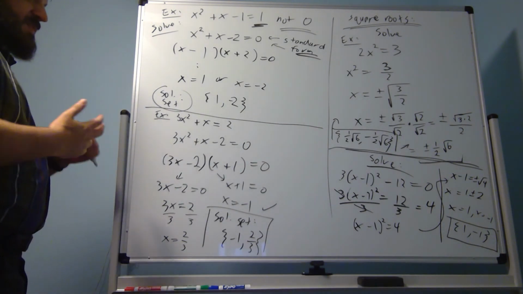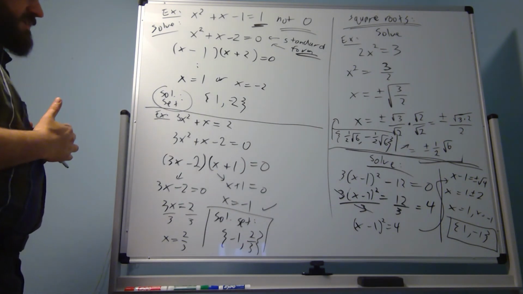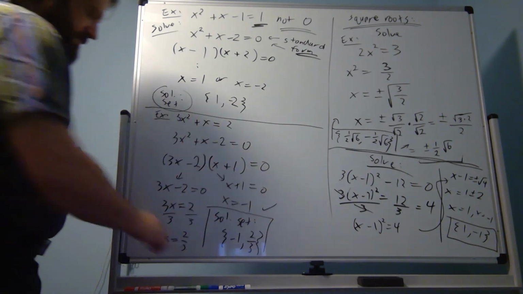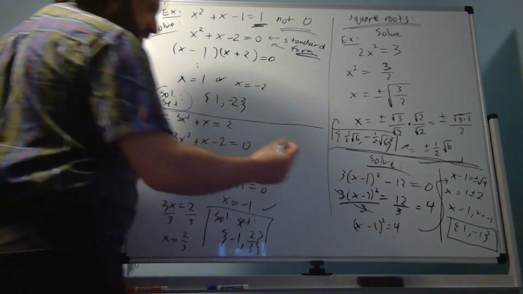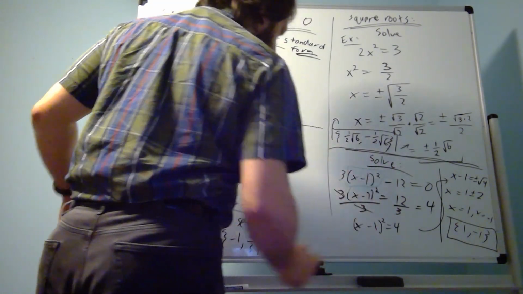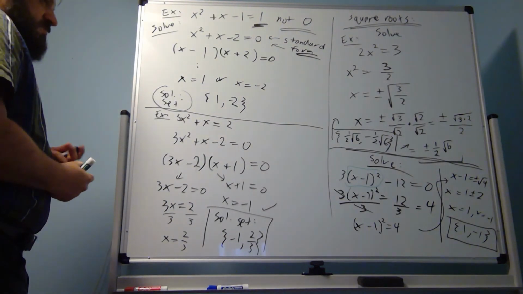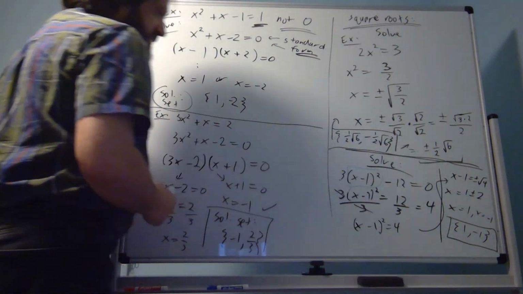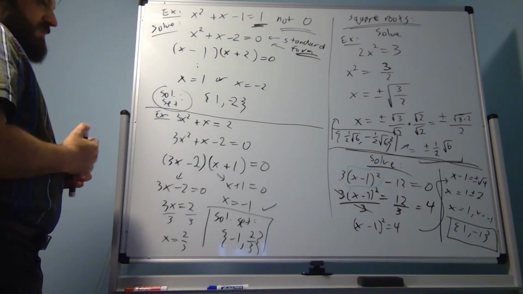You have plus and minus, but it's pretty straightforward from there. So the key here is why this problem is pretty straightforward.